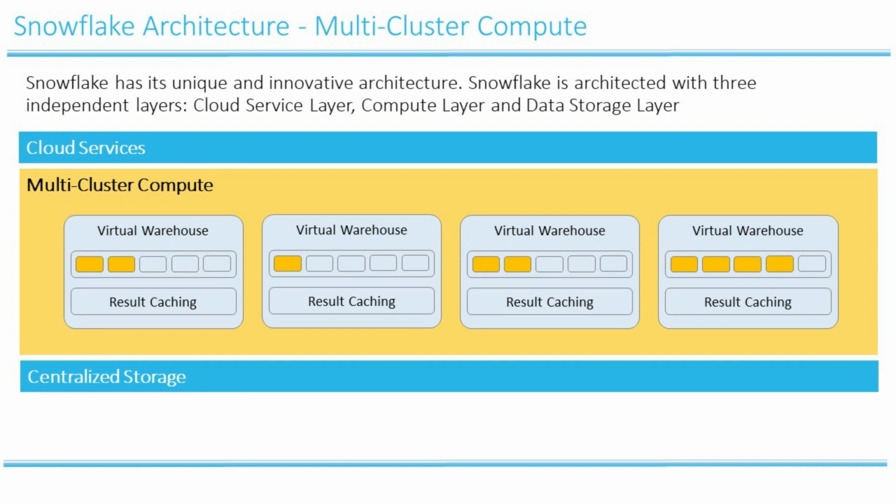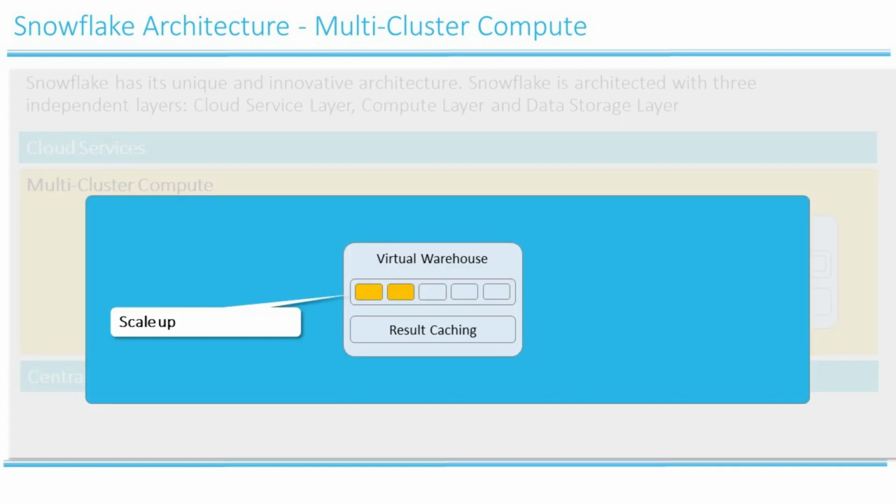Elastic clusters: Snowflake also offers elastic clusters, which allow you to dynamically add or remove clusters based on workload demands. This provides auto-scaling capabilities, ensuring optimal performance during peak usage times. It's important to choose an appropriate virtual warehouse size based on factors such as the complexity of your queries, the volume of data you're processing, and the level of concurrency your workload requires.